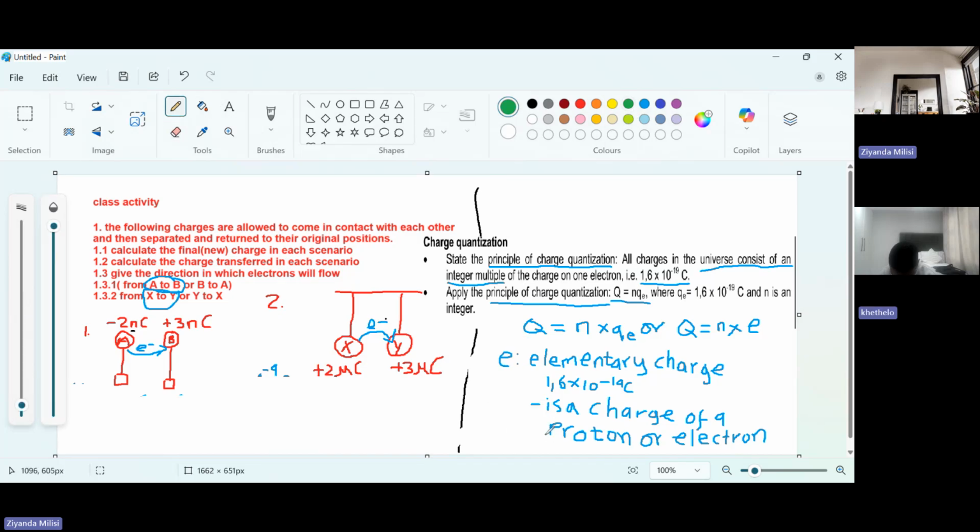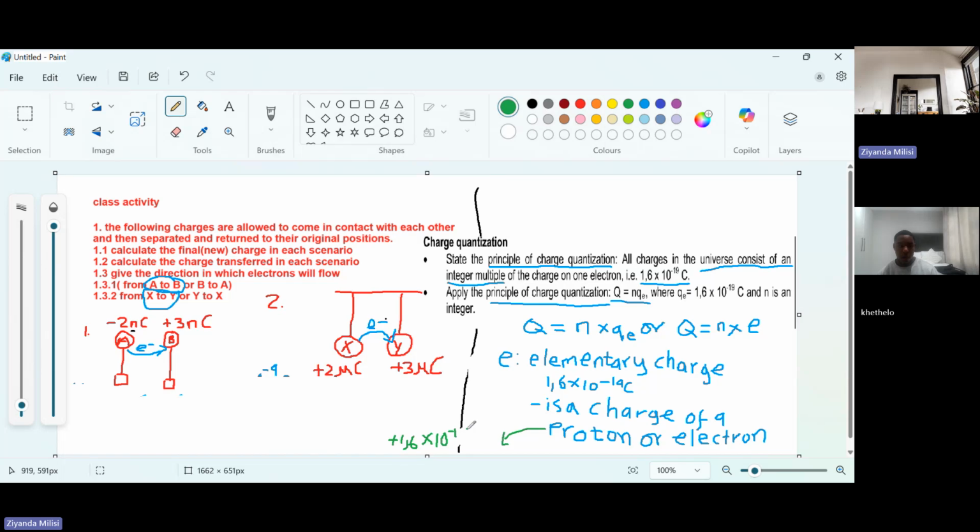So if you are asked, what is the charge of a proton? It's 1,6 times 10 to the power negative 19 coulomb.